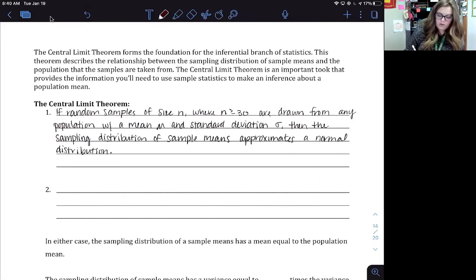Okay, the greater the sample size, the better the approximation.